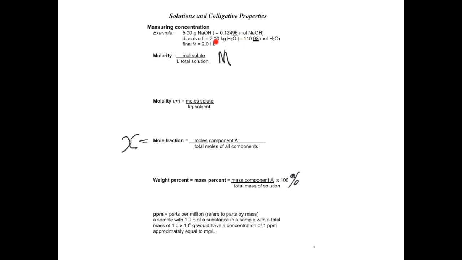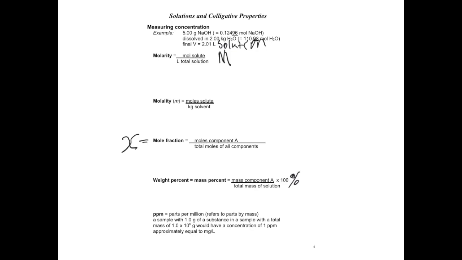And by the way, 2 kilograms of water is 110.98 moles of water. We'll say it has a final volume of 2.01 liters, and that's, to be clear, liters of solution. Then you can divide by the molar mass and get your moles.